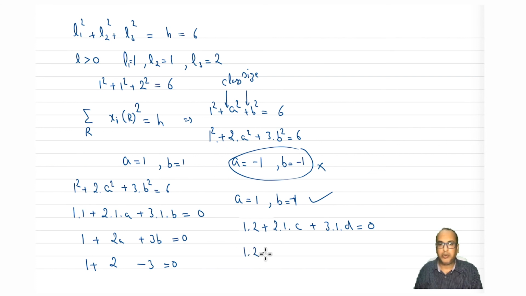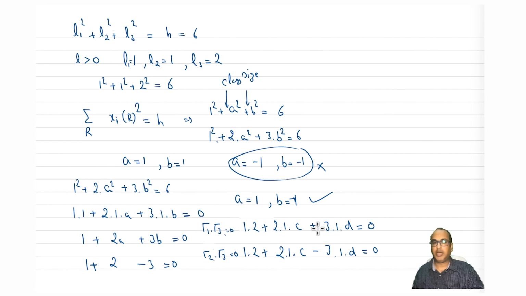Then 1 into 2 plus 2 into 1 into c minus 3 into 1 into d equal to 0. So here I have exploited tau 1 dot tau 3, and here I have exploited tau 2 dot tau 3 equal to 0, right? So now you have two equations, two variables. You can easily solve it, and you can see that c will come out to be minus 1 and d will come out to be 0 for this.